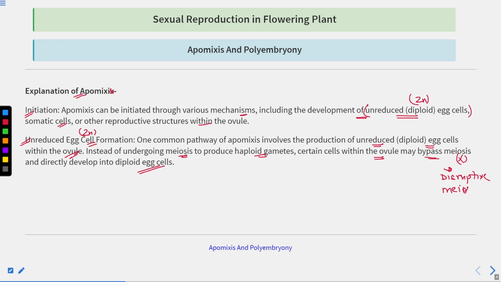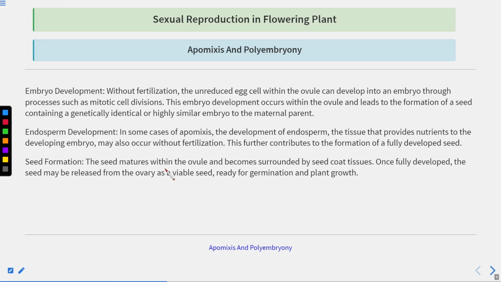Meiosis usually leads to the reduction of the chromosomes, so they can bypass meiosis, or the chromosomes do not separate during meiosis. That leads to the formation of a diploid egg cell. Now let's talk about the embryo development next. Without fertilization, the unreduced egg cell within the ovule can develop into an embryo through processes such as mitotic cell division. Now the unreduced egg cell has been produced, which will be diploid.